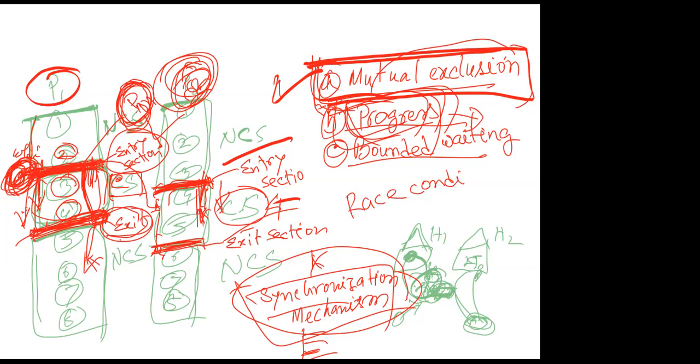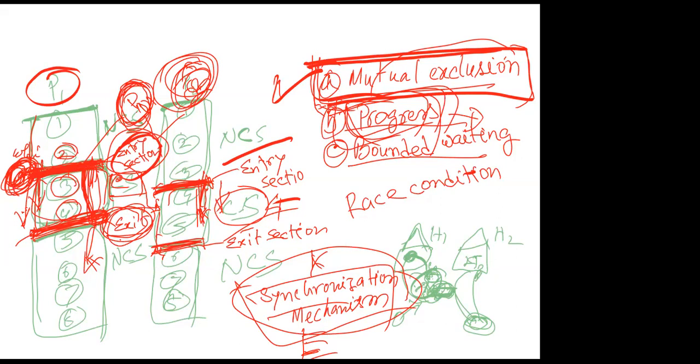We also got a high-level overview of synchronization mechanisms, where we need to add an entry section as well as an exit section for a process to enter the critical section.